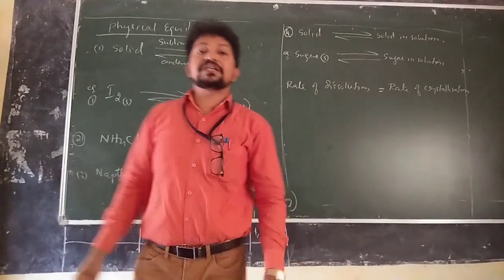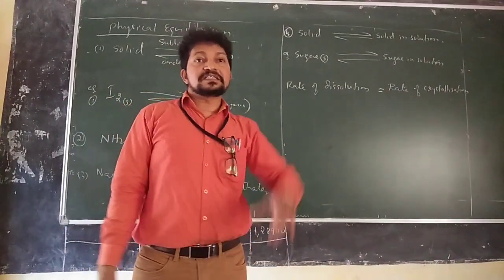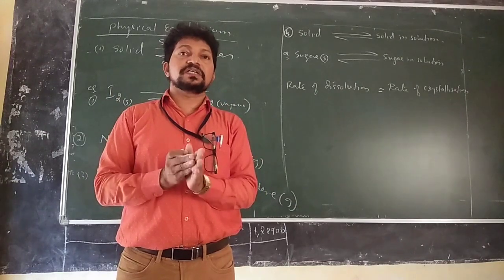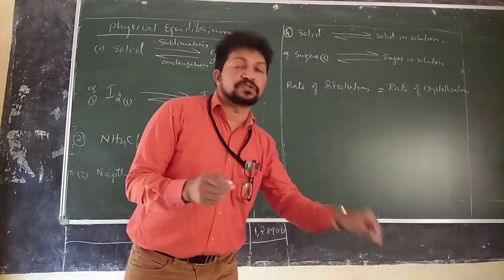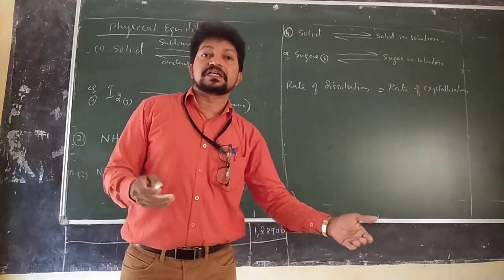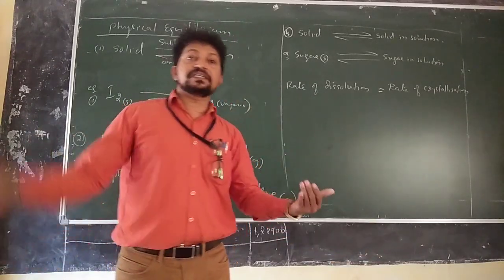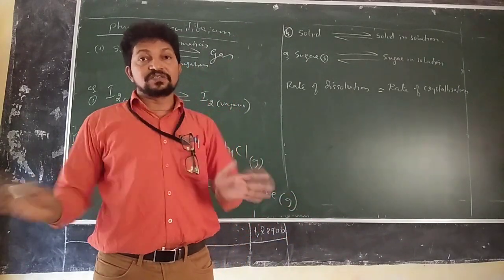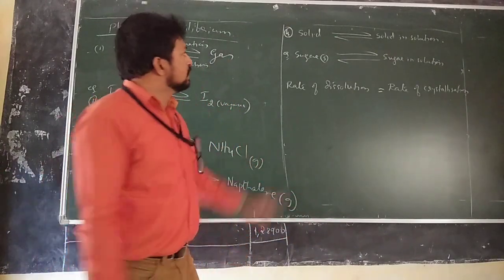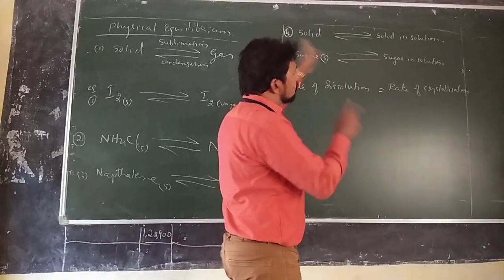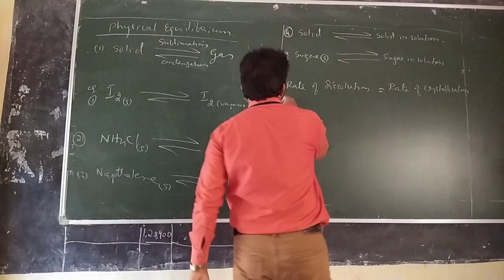So this is what happens in any saturated solution. Some amount of the solid is dissolving in the solution. Some of the dissolved solid crystallizes. The rate of dissolution and the rate of crystallization are equal. And don't think that nothing is happening. So there is an equilibrium between solid and solid in solution.